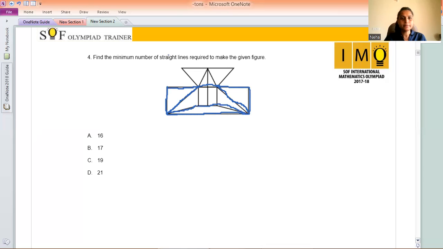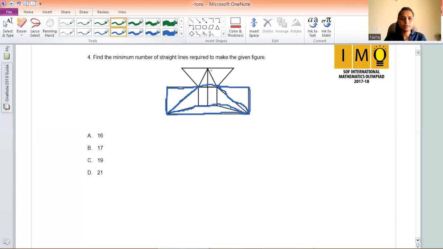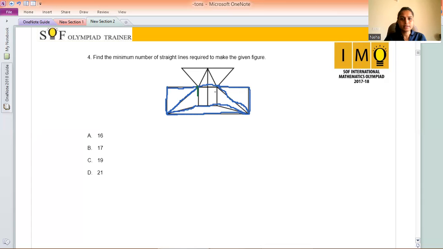Okay, then after 9, this one is 10, 11, 12. Okay, then 13, 14, 15, 16, 17, 18. So I can say the total number of lines are 18 here. So I think I'm missing the one. Okay, let me count it again.